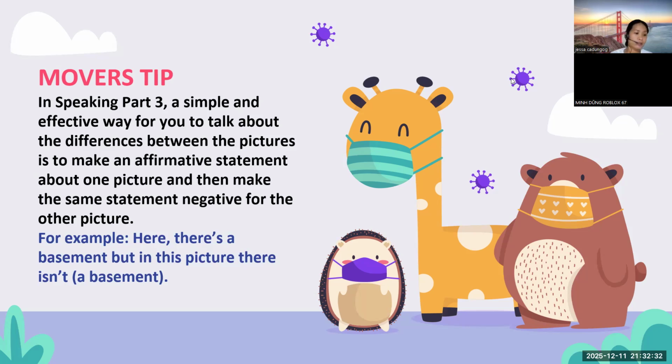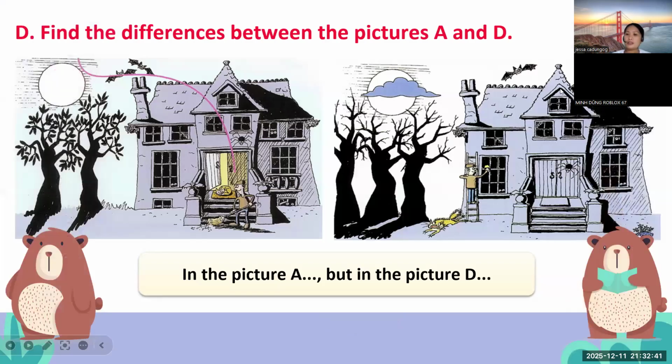In this speaking activity, we are going to tell the differences that we can see in the first picture and the second one. For example, you will say, look at picture A. What can you see in picture A that you cannot find in picture D? What are the differences, Potato? Can you tell me?